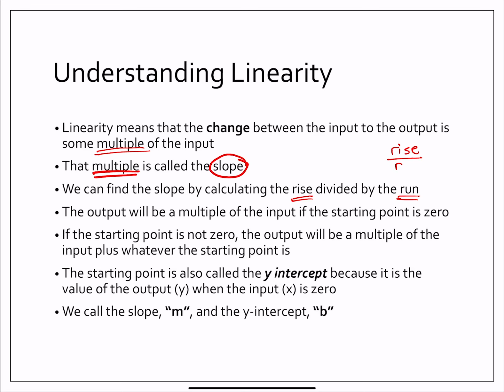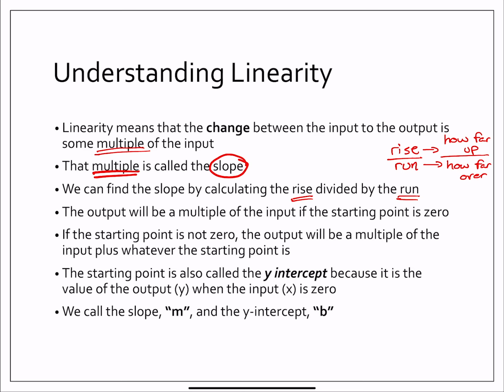Rise over run. The rise is how far up we go, while the run is how far over. So how far up divided by how far over, to the left or right.